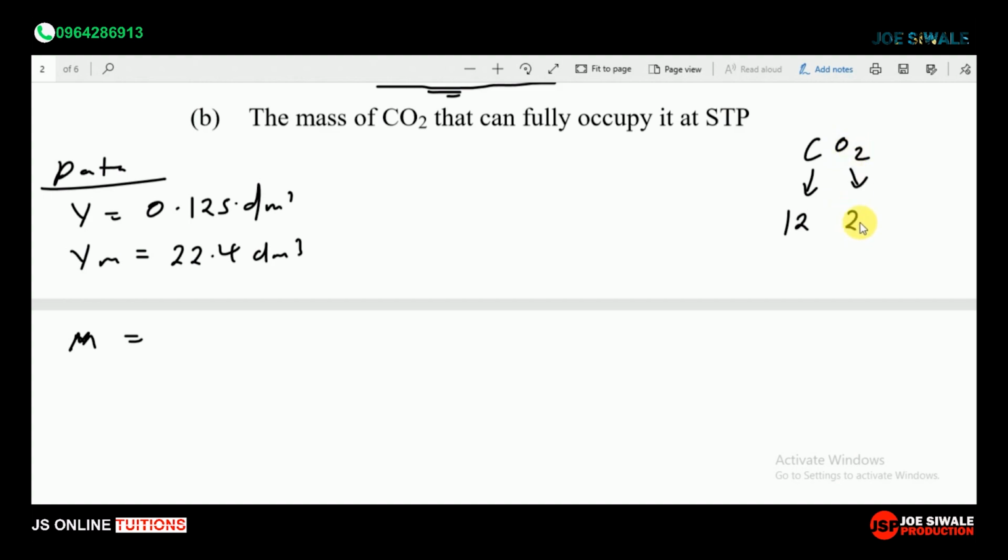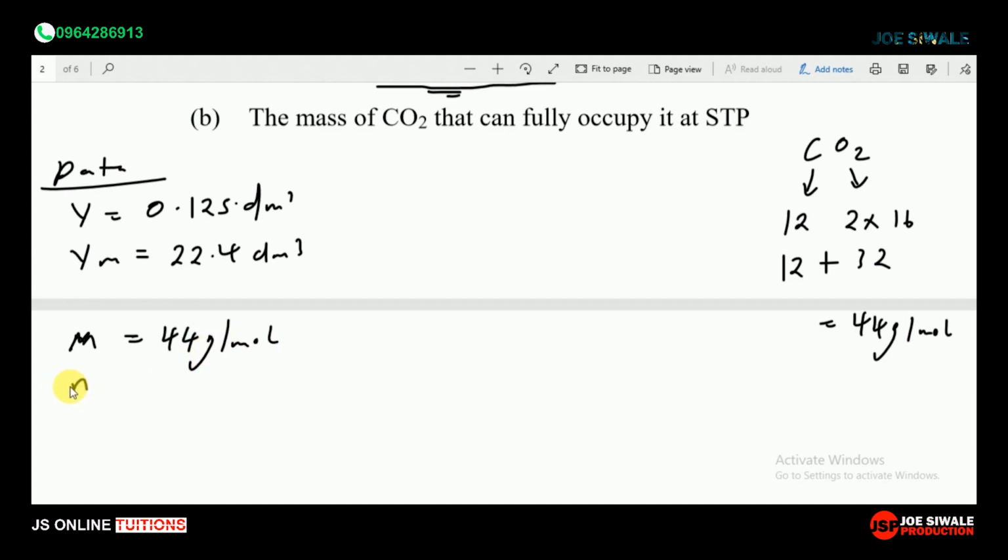So we have 2 atoms of oxygen multiplied by then the mass number of oxygen, that's 16. So we're going to have 12 plus 2 multiplied by 16, that's 32. So 12 plus 32, we're going to have 44 gram per mole. So our molar mass there is going to be 44 gram per mole.